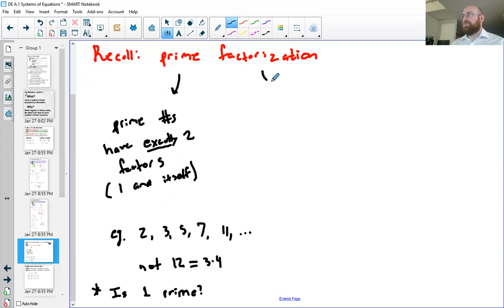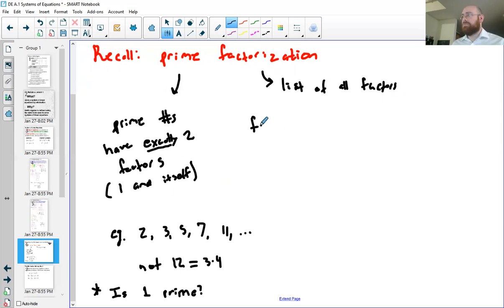But I also want to define what we mean by factorization. So a factorization is a list of all factors.